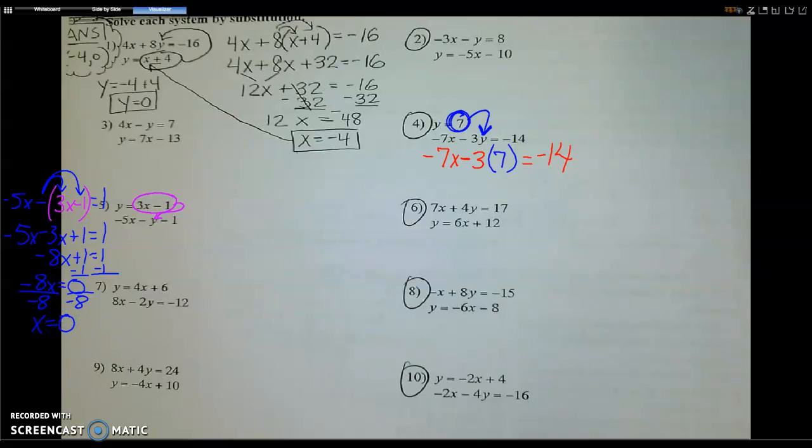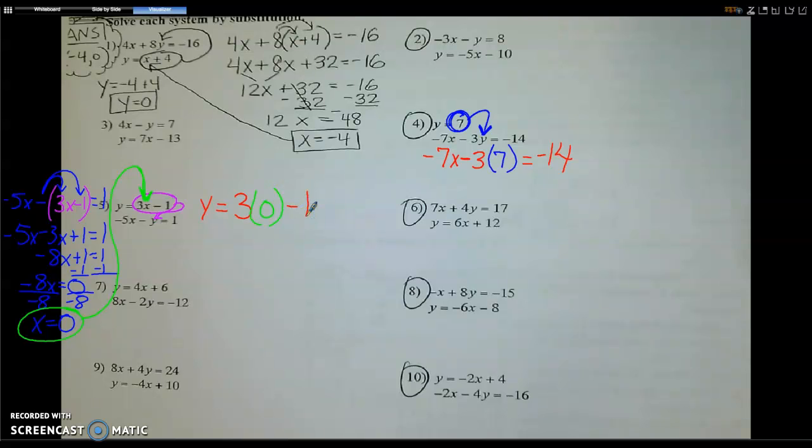Not done yet. We know what x equals, but we don't know y. We're going to take that x and substitute it up here for this x. So, y equals 3. I'm not going to write x though. I'm going to put that 0 in.